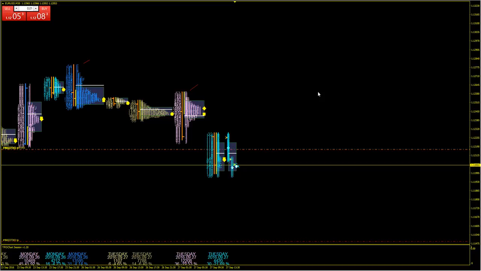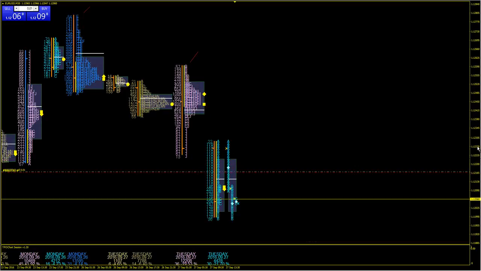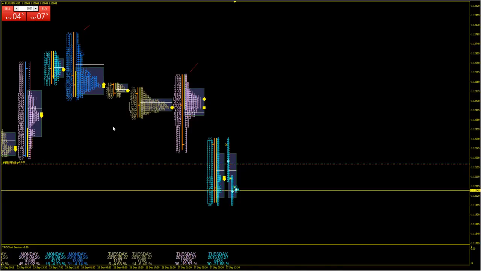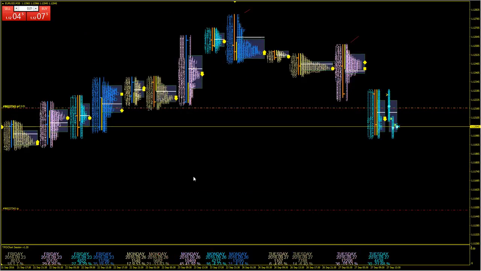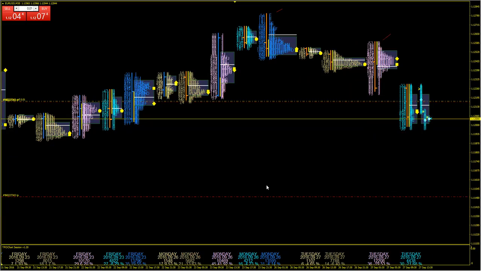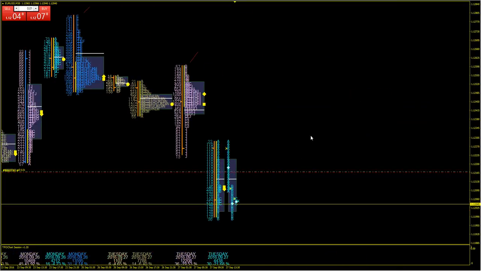I'm watching from the London session until the close of the London session and a few hours after, and this is where I trade. You see the C period is going lower, so price is going lower.